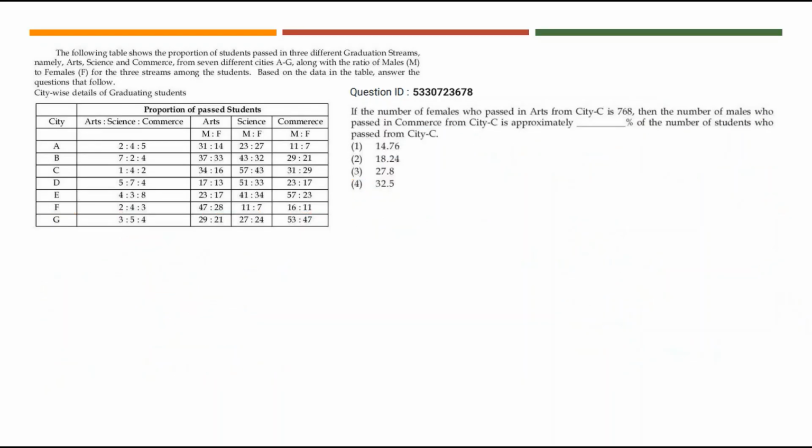Next question. If the number of females who passed in arts from city C, so this time it is city C, is 768. In arts, we have the ratio 34:16. What is 34 plus 16? It is 50. So we can say 16 by 50 into some X value will be equal to 768, because this time the females are mentioned.